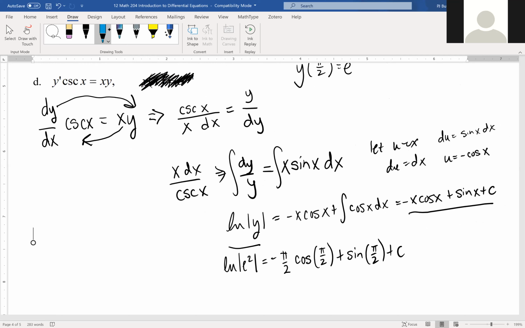Right, I just substitute e squared in for y and pi over 2 for x. Cosine of pi over 2 is 0. Sine of pi over 2 is 1.